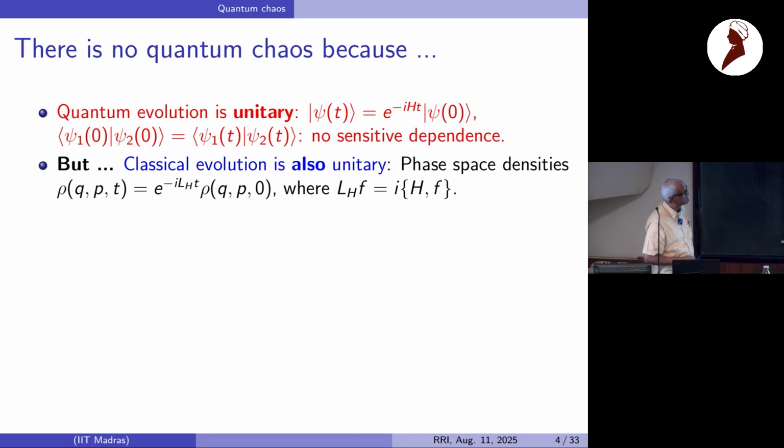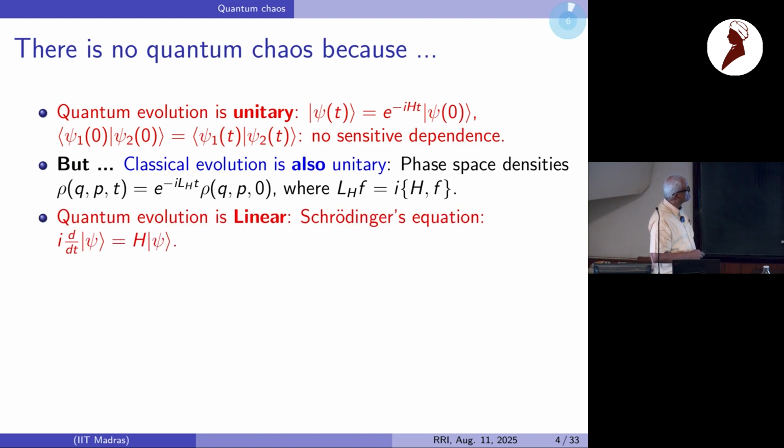This is classical. If you put an i there, this object will become Hermitian. And the evolution is linear. Densities evolve linearly in time. In fact, entire classical mechanics can be put as an evolution of densities. Any given phase space point is a density that is a delta function at that point.